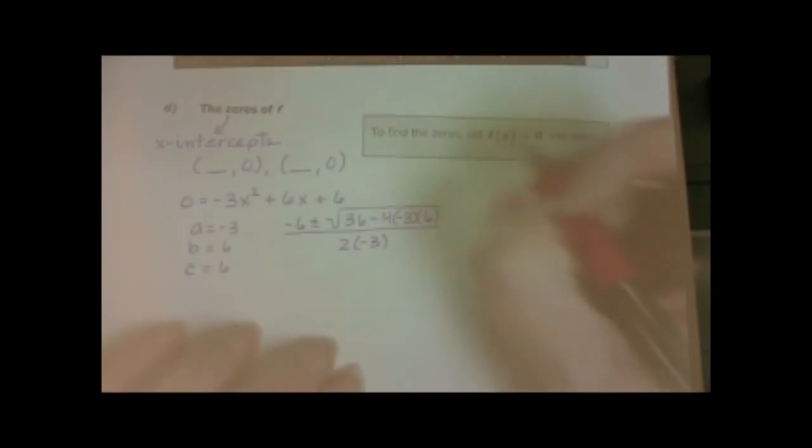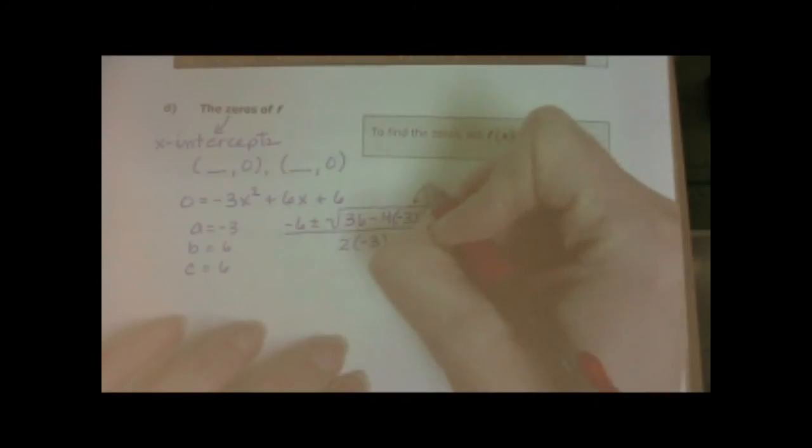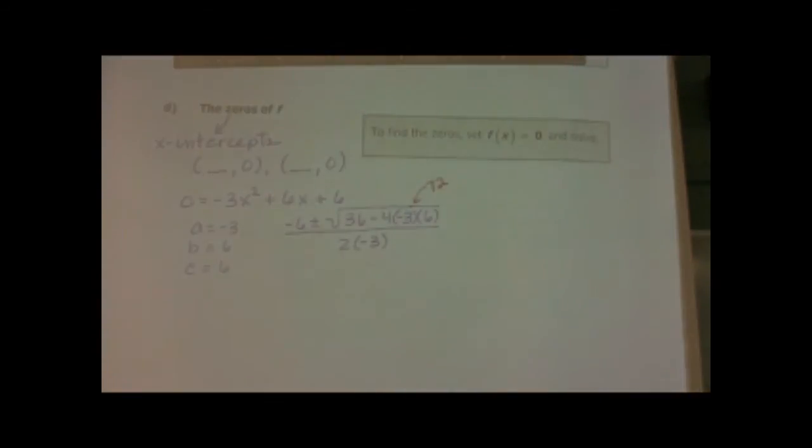All right, so let me simplify this. So first of all, 4 times negative 3 times 6, this gives me 72. But it's minus a negative, so it's going to be plus 72. So I have negative 6 plus or minus the square root of 36 plus 72 all over negative 6.